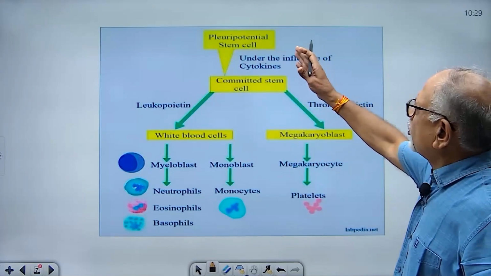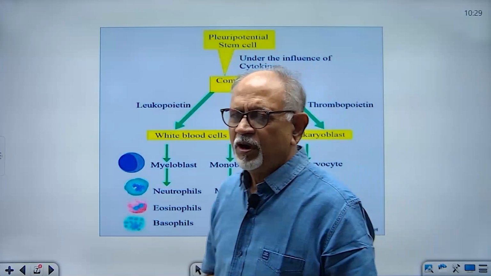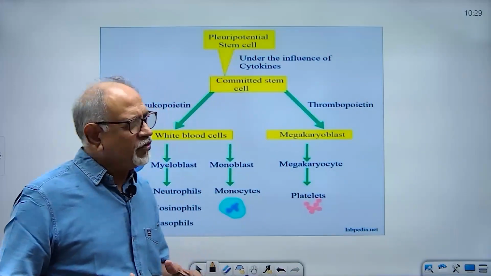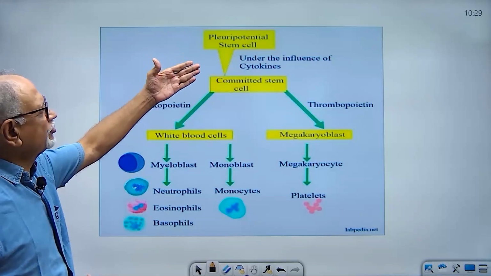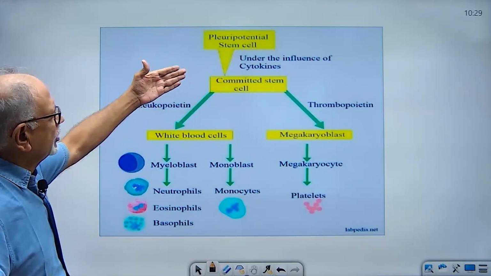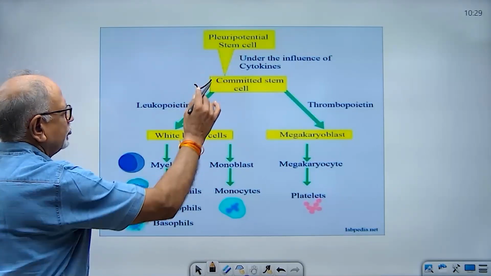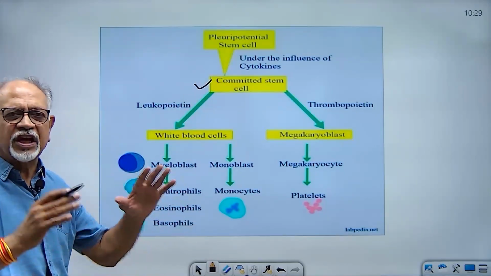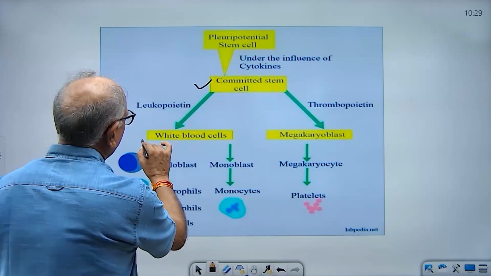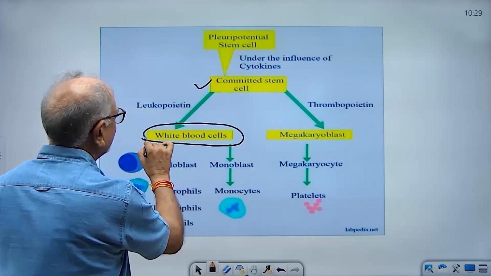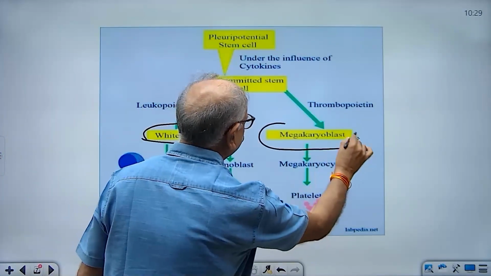The pluripotent cells present in the bone marrow, which are responsible for providing the stem cells, under the influence of cytokines produce committed stem cells. These committed stem cells can be broadly categorized into two: one is the white blood cell series and another is the megakaryoblast.